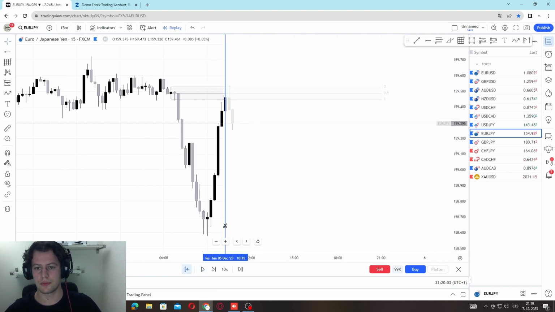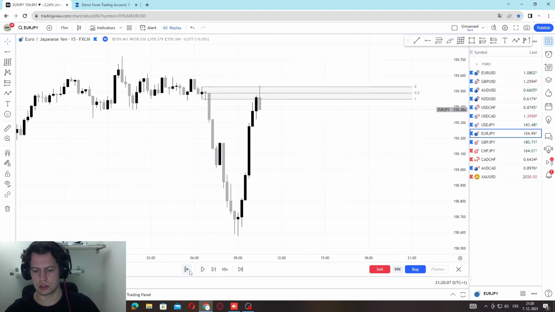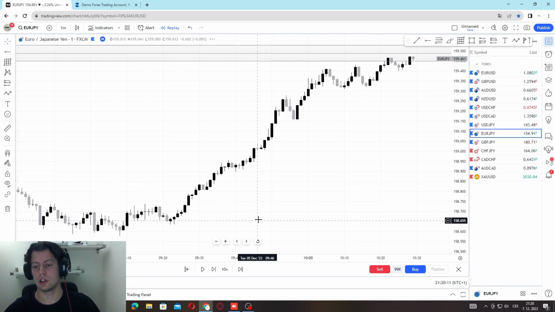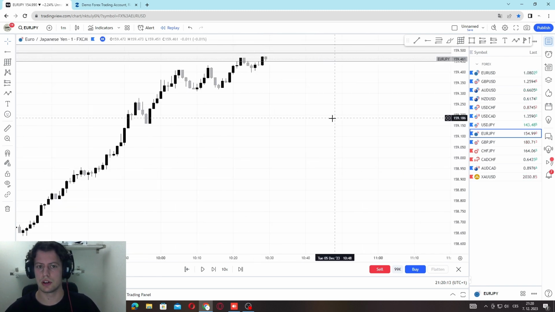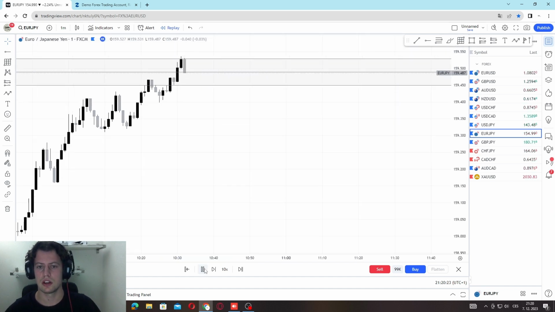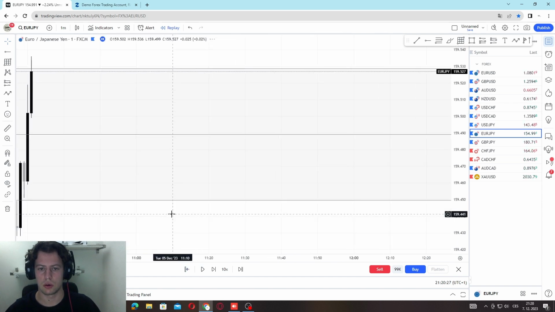It touches our 50%. I enter on a 1 minute time frame, so in my supply zone I wait until the price touches my 50%. Here you can see it, we are at 50%.